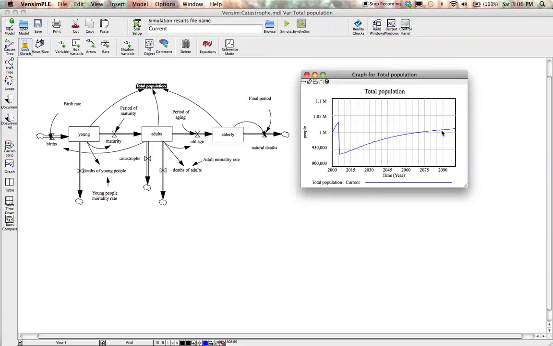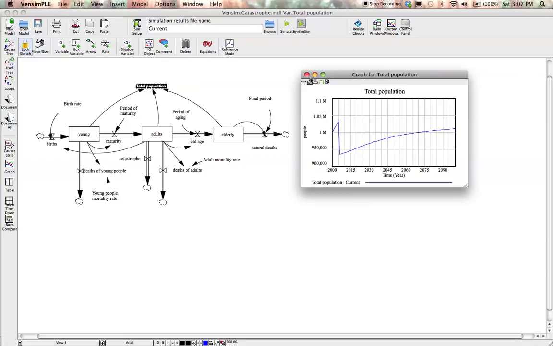Now, what we saw is that this growth is primarily driven by the adults that were larger to begin with. They were 500,000 to begin with, becoming elderly. So the lasting effect is that you have a population that recovers from the catastrophe but becomes older on average. Okay, so that's an interesting demographic effect of this catastrophe.